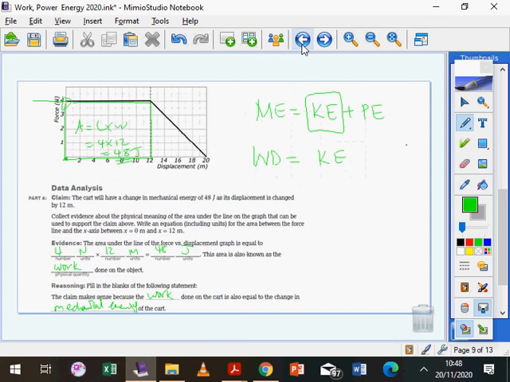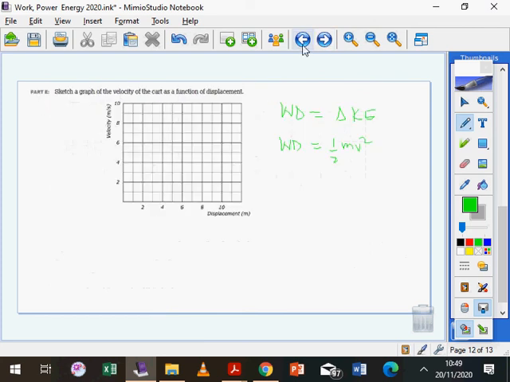At 2 meters, the work done will be 2 times 4, which is 8, right? So I can use this 8 in this expression. If I make V the subject, V is equal to the square root of 2 times work done divided by mass.